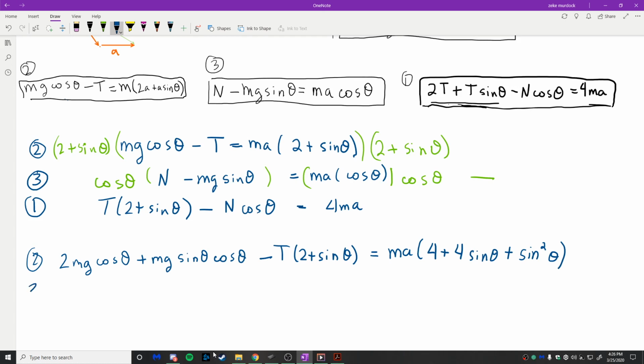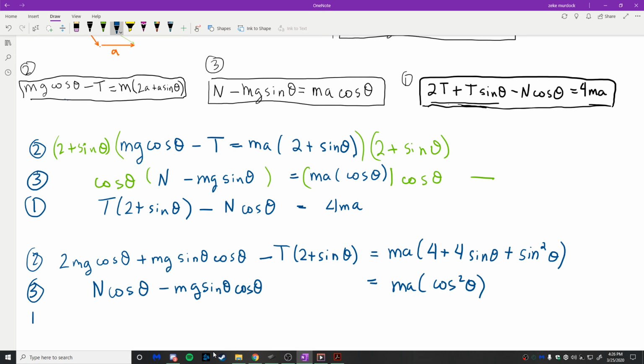Equation 3 is now going to become n cos theta minus mg sine theta cos theta equals ma times cosine squared. And then the last equation, equation 1, stayed the same, right?